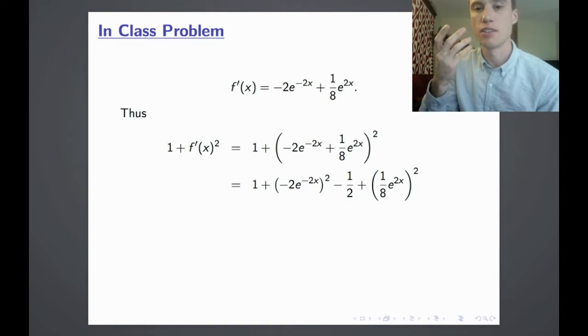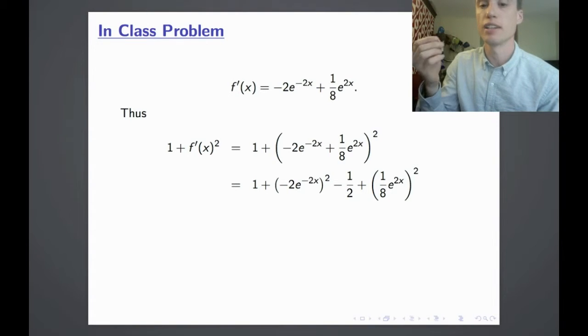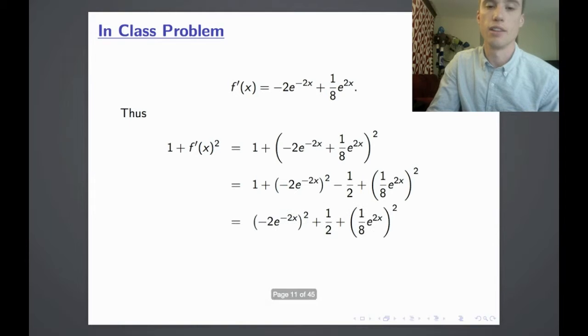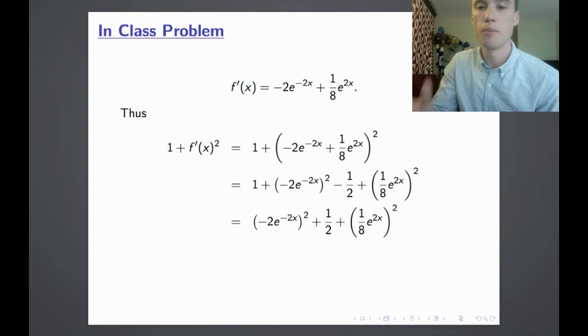This turns out to be a half because the e to the 2x cancels with the e to the negative 2x, and it's 2 times 2 times 1/8. Times one of the 2's is negative, so we get a negative 1/2. This cancels with the 1 that we're adding in, and we get 1/2.